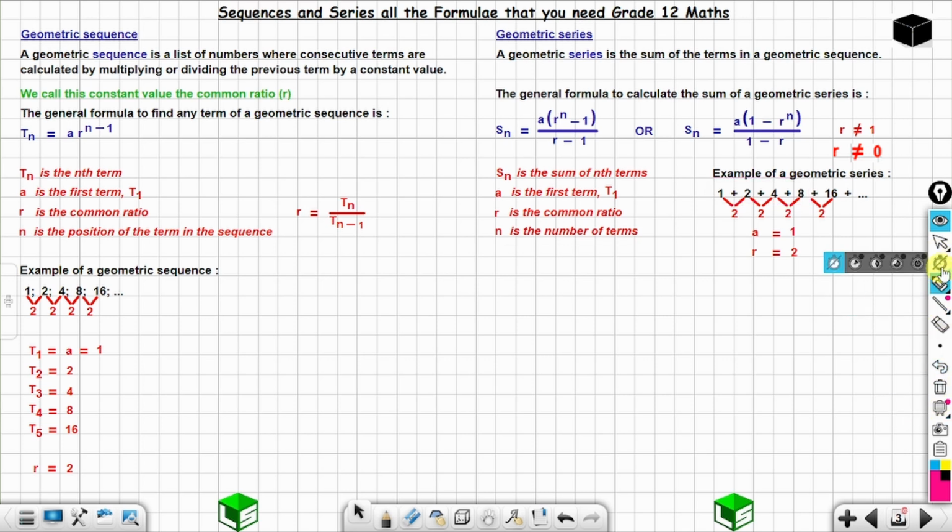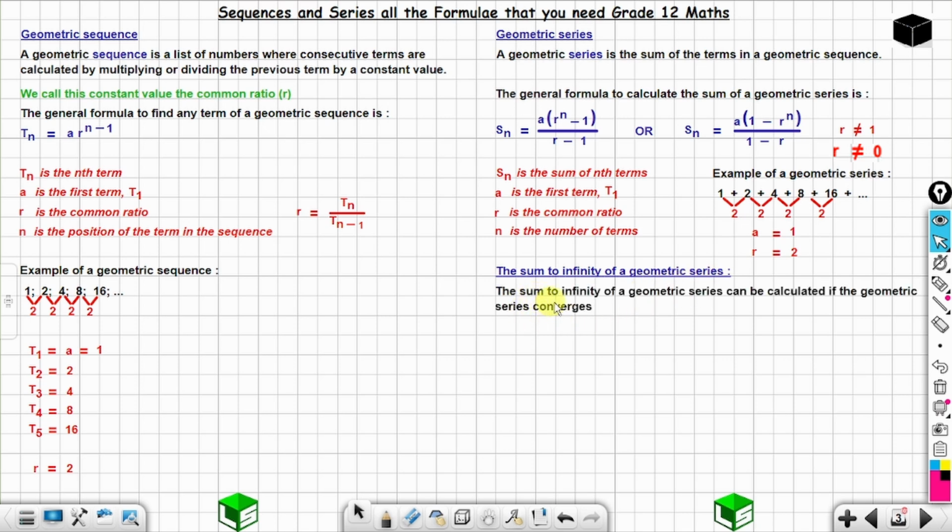Now, the sum to infinity of a geometric series. It can be calculated if the geometric series converges. This is what we use for sum to infinity.